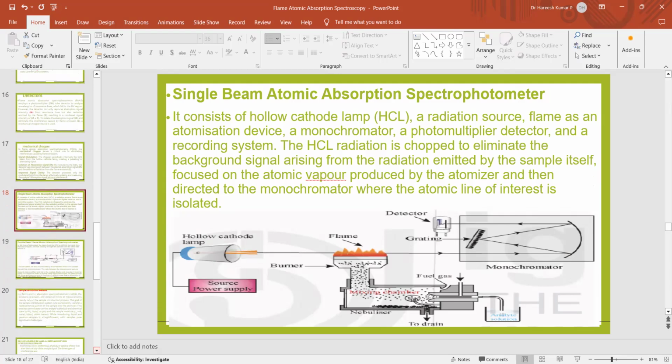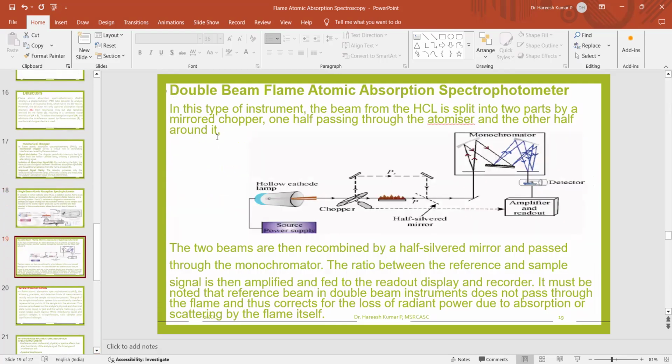So when it comes to double beam flame atomic absorption spectroscopy, in this there are two types of instrument. The beam from the hollow cathode lamp is split into two parts by a mirrored chopper, one half passing through the atomizer and the other half around it. The two beams are then recombined by a half silvered mirror and passed through the monochromator.